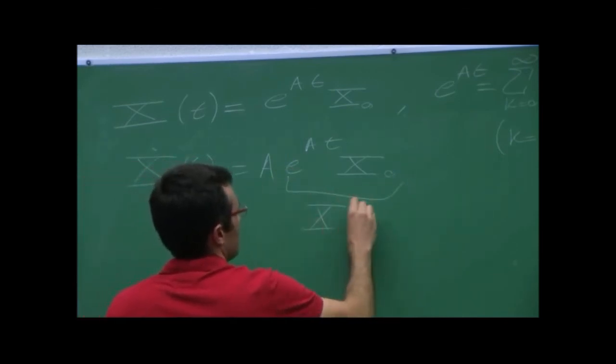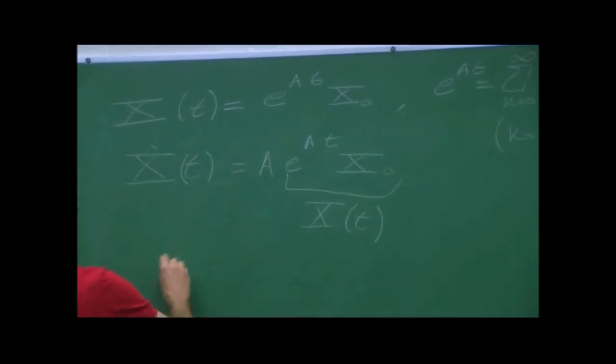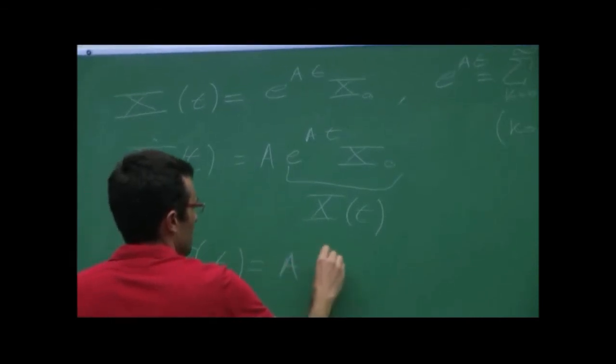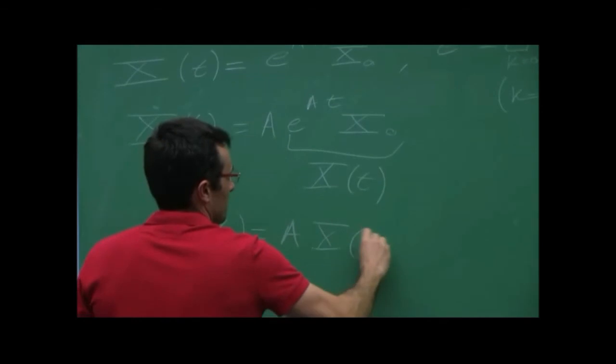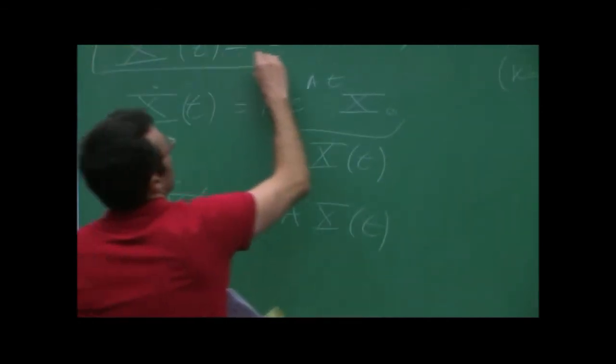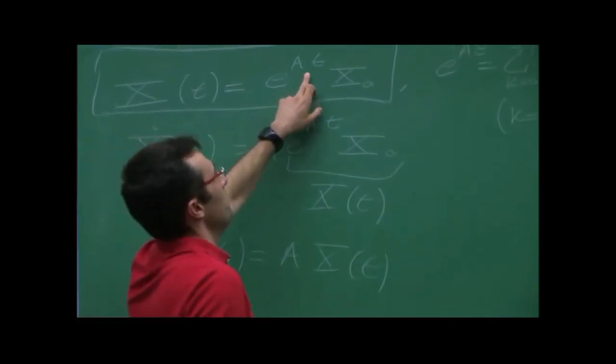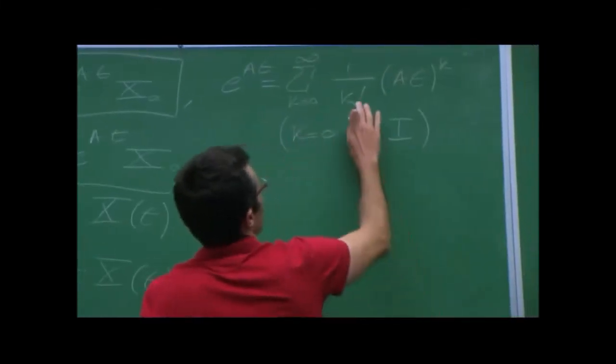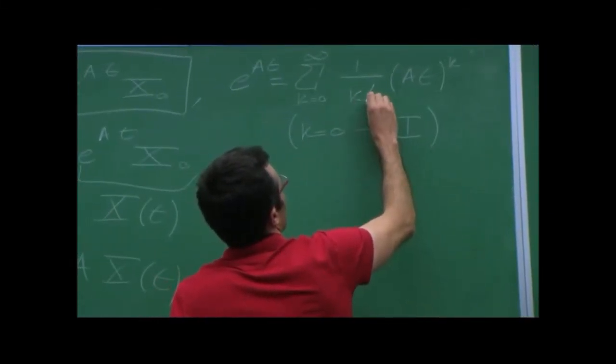This is x of t. So this is actually satisfying my system, right? x dot of t is indeed equal to A x of t. I'm claiming that the analytical solution for a system of equations like this can be expressed in this form, where this is an exponential of a matrix, something you should have seen in other classes. This is k factorial, by the way.